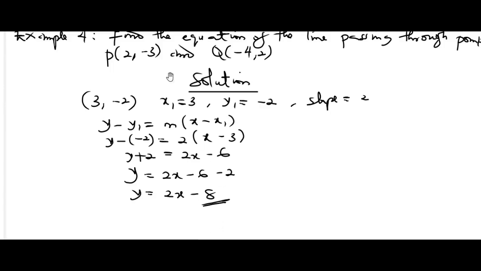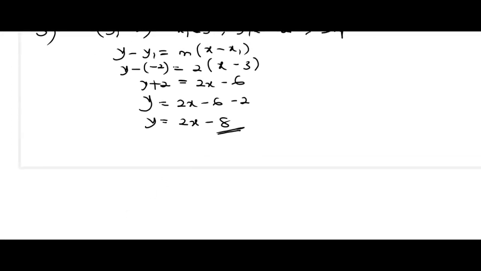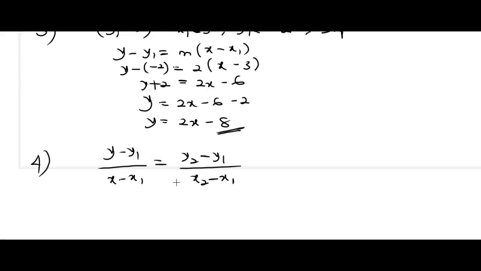So example 4, we have: find the equation of the line passing through points P (2, minus 3) and Q (minus 4, 2). All right, so this is the 2-point form, and this is question 4. I told you that when you are dealing with the 2-point form, y minus y1 over x minus x1 will be equal to y2 minus y1 over x2 minus x1.